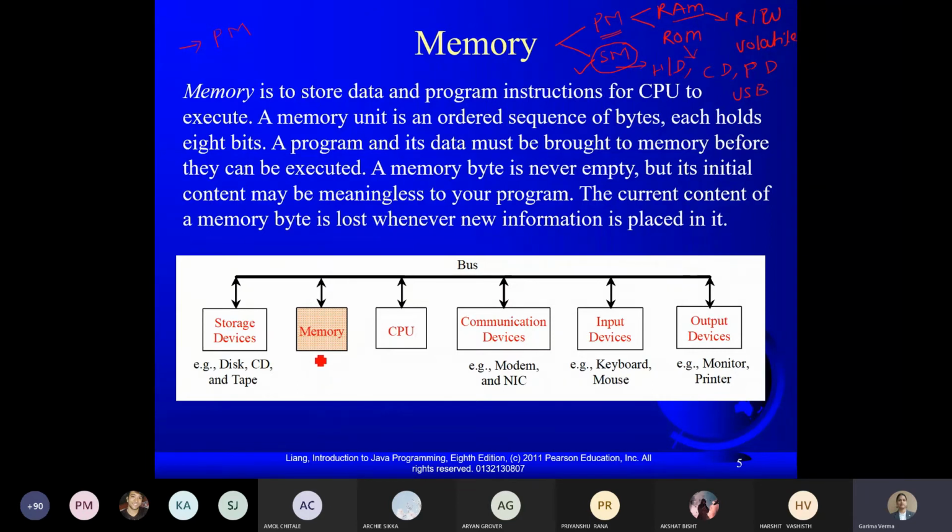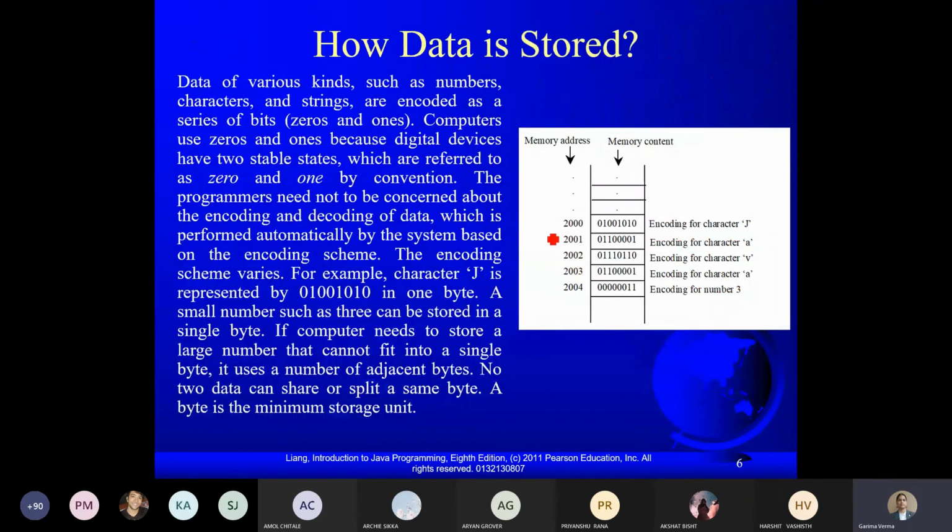So we were talking about this memory, and this is primary memory. And storage devices come under the category of secondary memory. Fine. So what happens in your memory? Your memory is divided into cells, and every cell has an address. Whenever you store anything in the memory, you work in a high level language, but it is converted into machine level language, and that data is stored at a particular address.